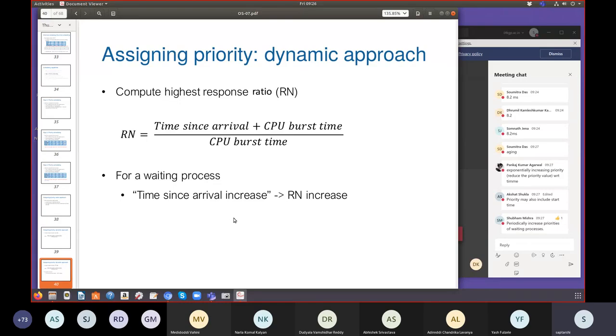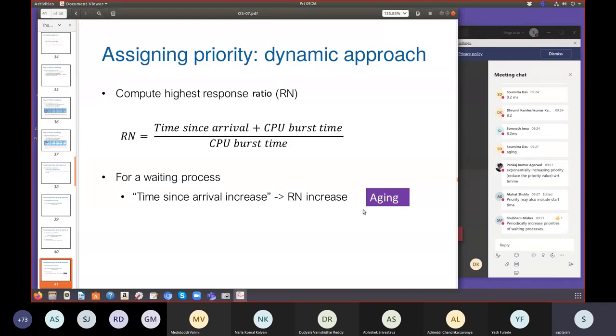Otherwise, a low priority process will never get the CPU. So this response ratio will increase if time since arrival increases. And as Shomitra pointed out, this process is also called aging. As the age, meaning this time since arrival, increases, we are increasing its priority.